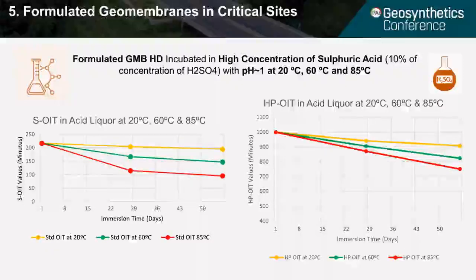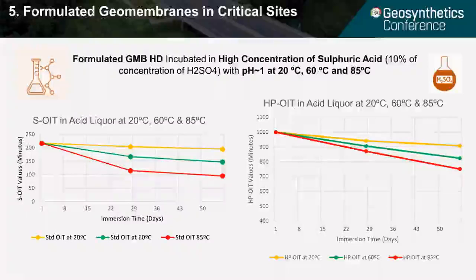The first graph shows that after almost 60 days of immersion in acid liquors at 20, 60, and 85 degrees, the site-specific formulated HD geomembrane has retained more than 80% of its HP-OIT, not showing any steep drop.